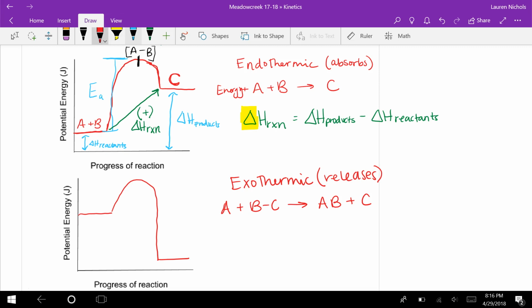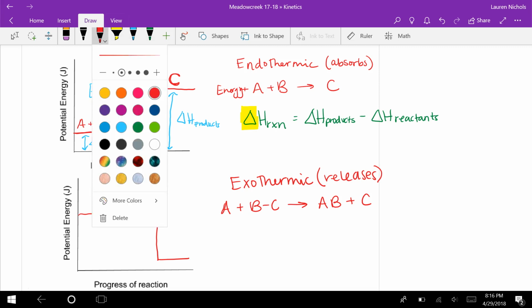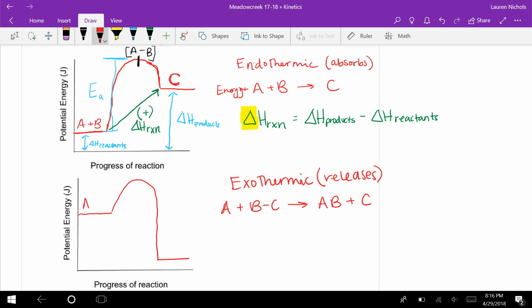And so we see that at the beginning, we have A plus BC here, okay, and there's a bond. This is a bond between those two, okay, not a subtraction sign. So actually it would be more accurate to just write BC like that, and then AB. Okay, so we have BC, and then we have AB plus C down here.